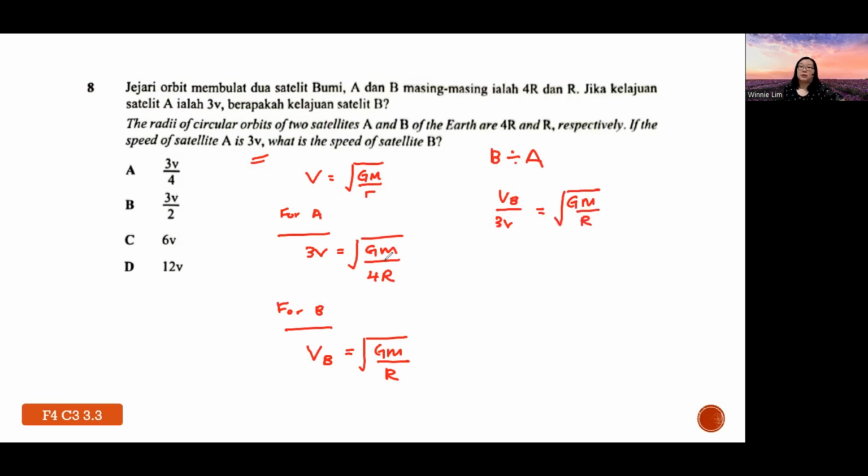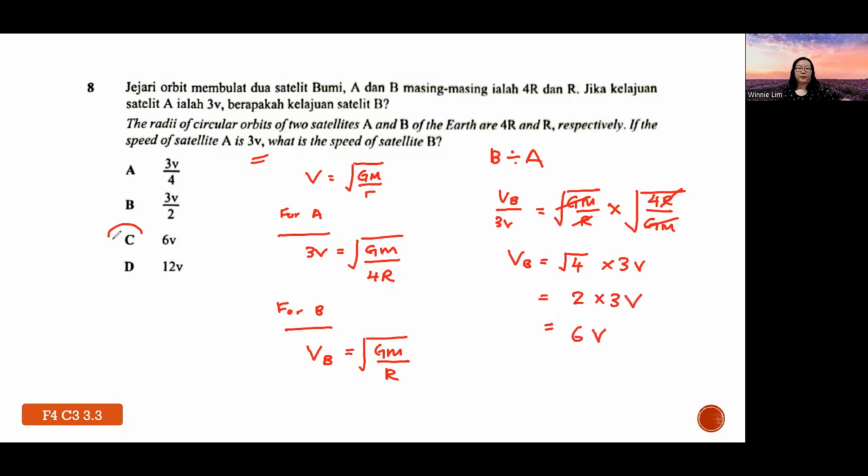Because this is in terms of fraction, we normally change it to multiplication, so you swap this, then you have 4r over GM. Next step, you can cancel out. And what is vB? vB is left with square root of 4 times 3v. Square root of 4 is 2, 2 times 3v, and hence you get 6v.